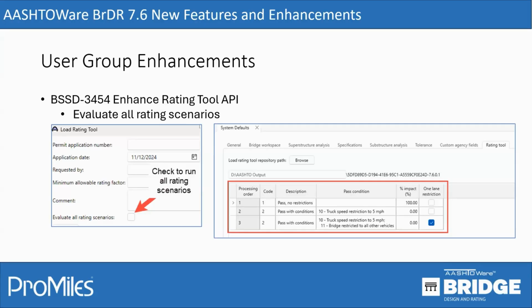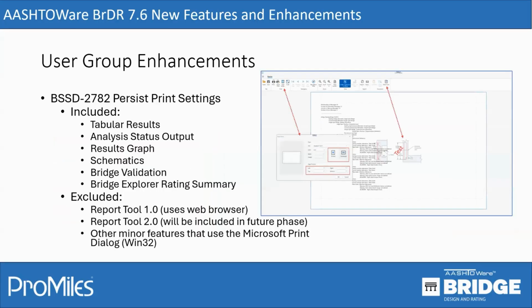And so you can set different pass conditions with restrictions. So the request here was, and what the rating tool does is basically it tries the least restrictive and then iterates until it comes to a conclusion on under what conditions the truck can pass. This checkbox allows you to tell it to evaluate all of those scenarios so that you can see all of those options.